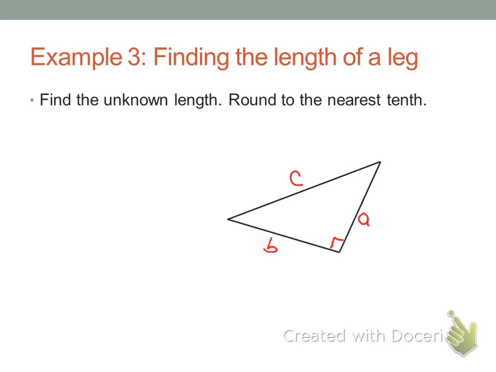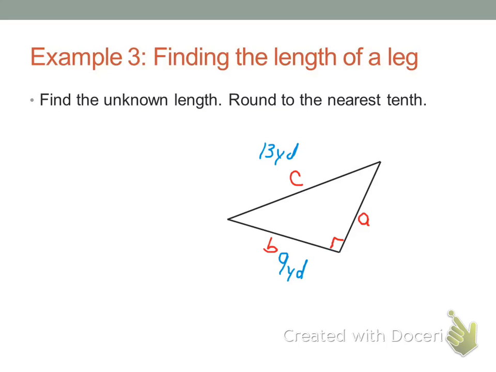Now it tells me that my side lengths are 13 yards and 9 yards. So now you're being asked to find the length of one of the legs. You're given the hypotenuse, and now you're asked to find the length of the legs.